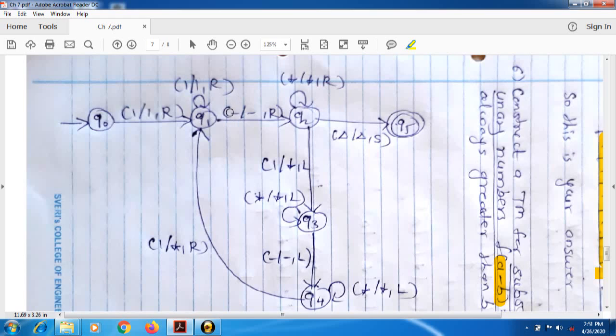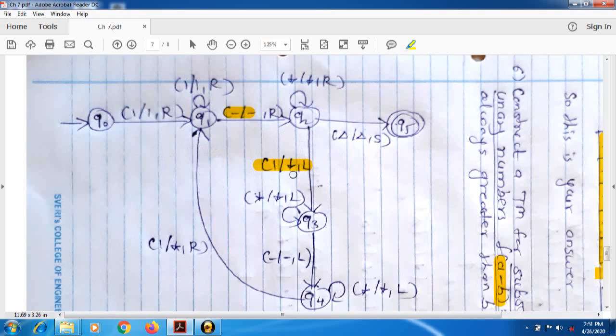After that, whenever we find the subtraction symbol in our tape, we have kept it as it is, and again we have moved towards right. Then whenever we find 1, we have to replace it by star, and we have to move back to the left side.